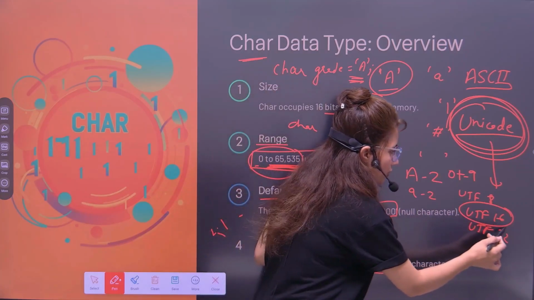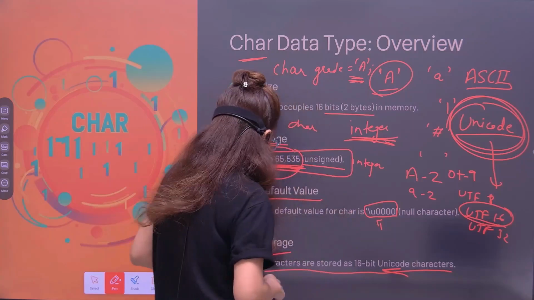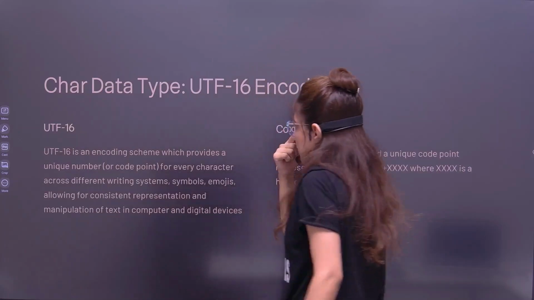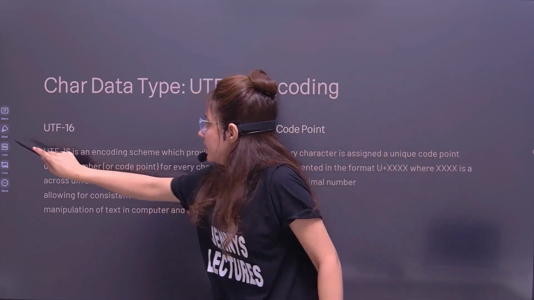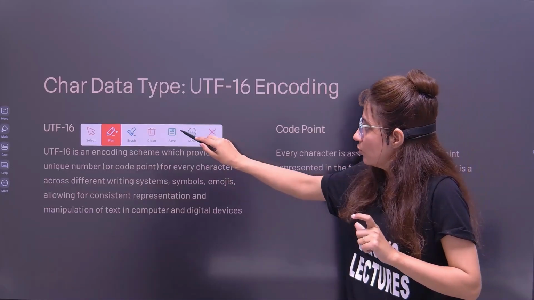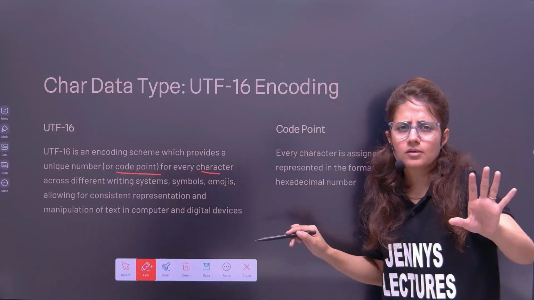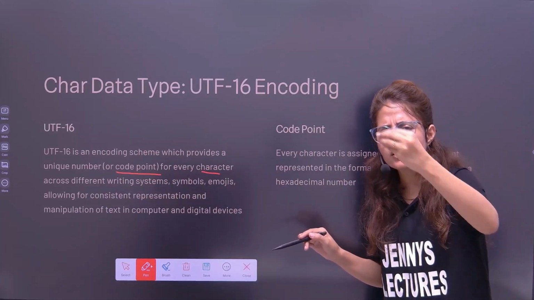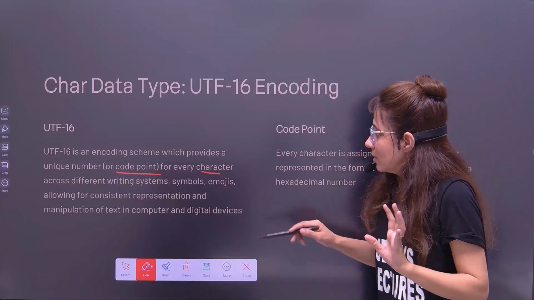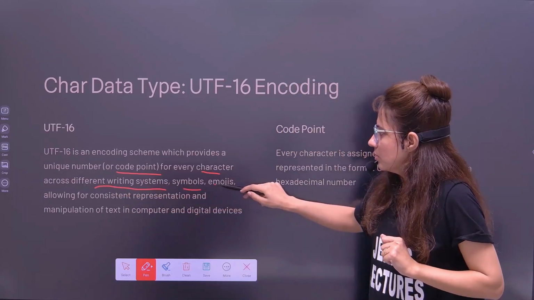So Java uses this Unicode UTF-16 encoding scheme. In this, what will happen? Let me just show you. This is basically an encoding scheme which provides a unique number, or you can say a code point, for every character, whether it's a letter, digit, symbol, or some special symbol or emoji.